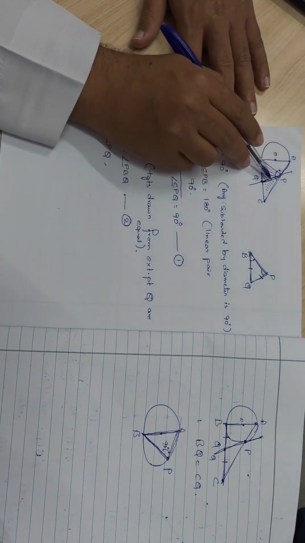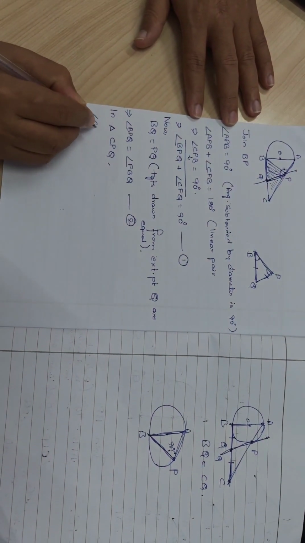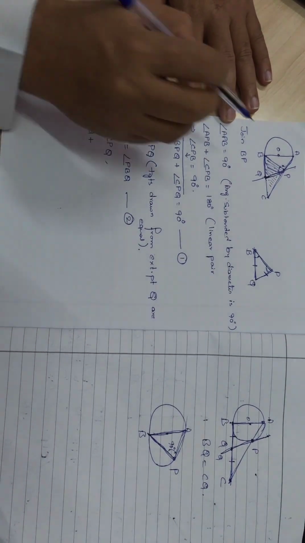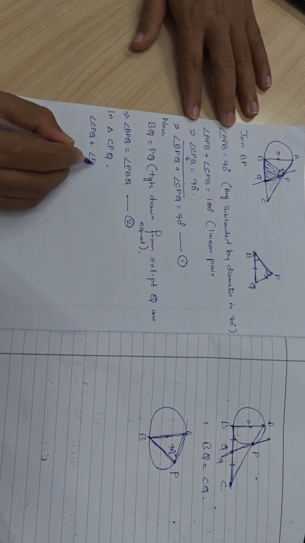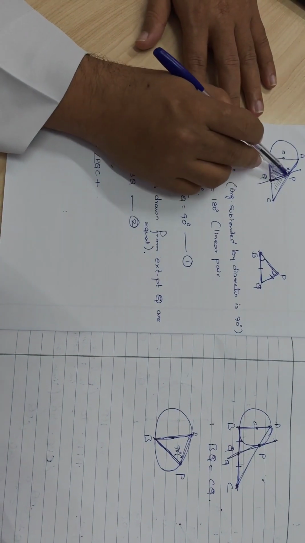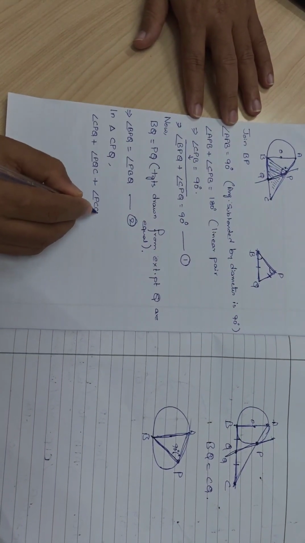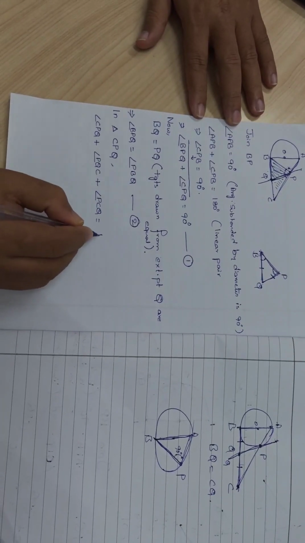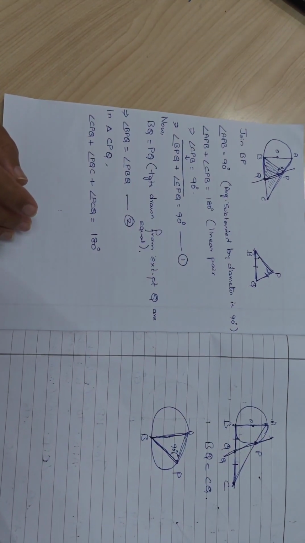Angle CPQ plus PQC plus angle PCQ is equal to 180 degrees.